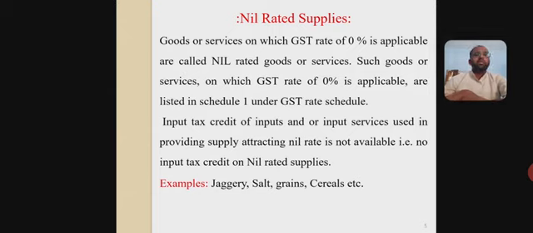Input tax credit of inputs and input services used in providing supply attracting nil rate is not available. There is no input tax credit on nil rated supplies. Nil rated supplies are also called taxable supplies which attract only 0%. That means there is no tax at all, and there is no input tax credit on nil rated supplies. For example, jaggery, salt, grains, cereals.